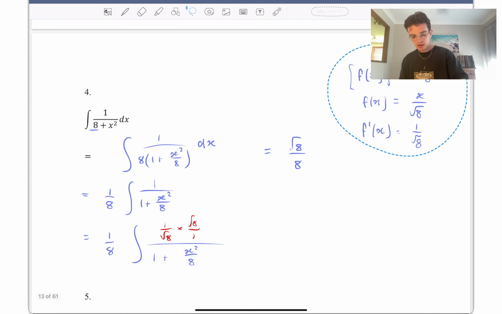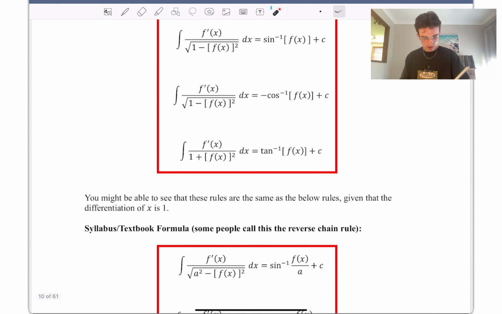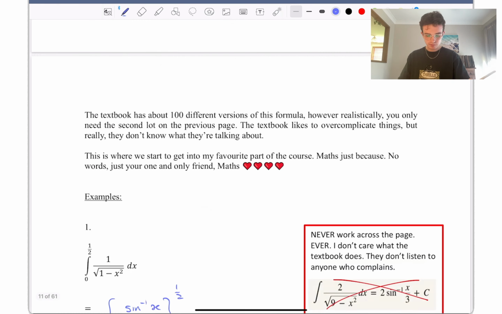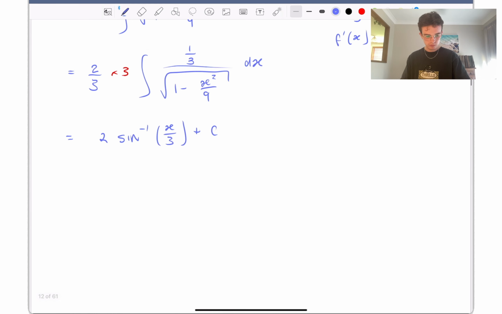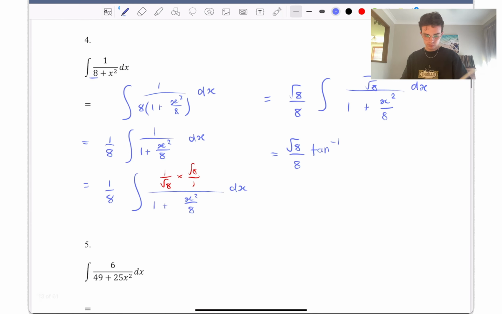Our formula said it was tan inverse of f of x, which is x on root 8, plus c. Now if you use that formula on the reference sheet, it will give you the same answer. The way I did it actually already rationalizes the denominator for you, which is another advantage of it.